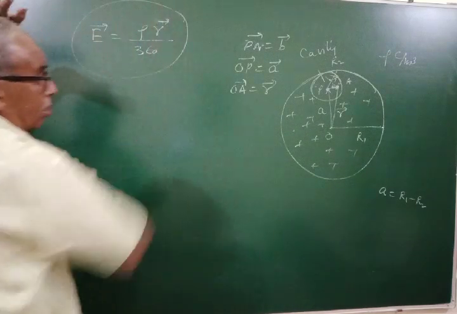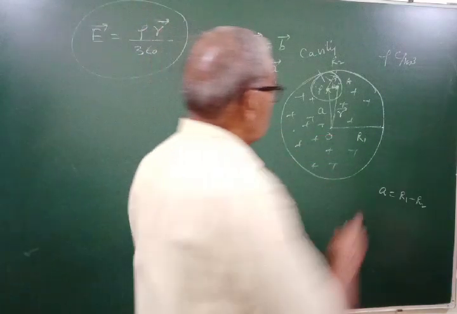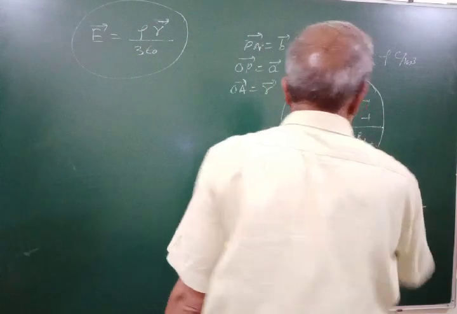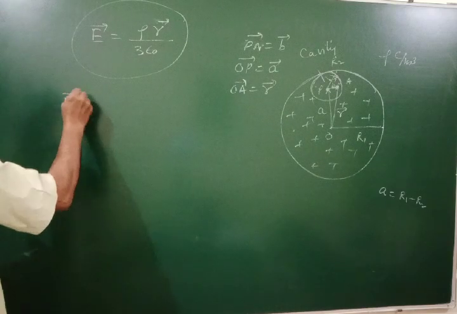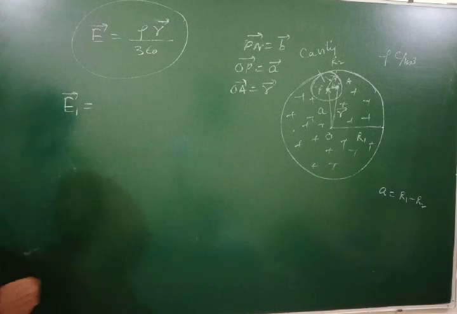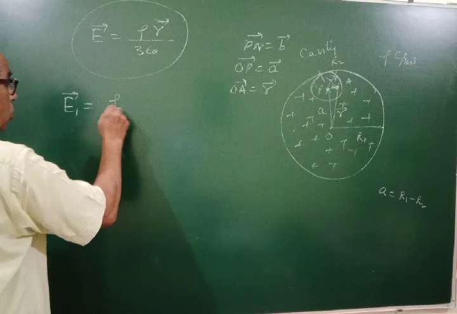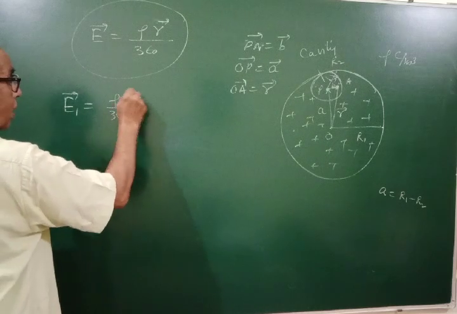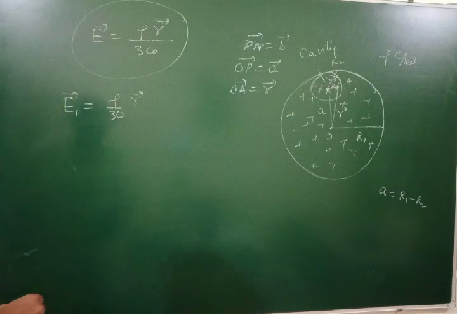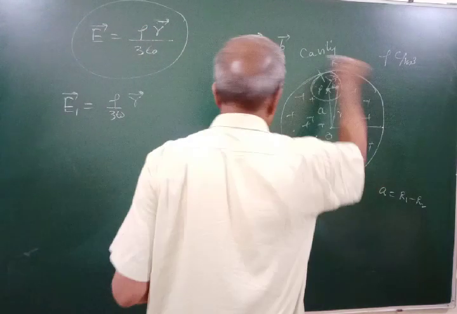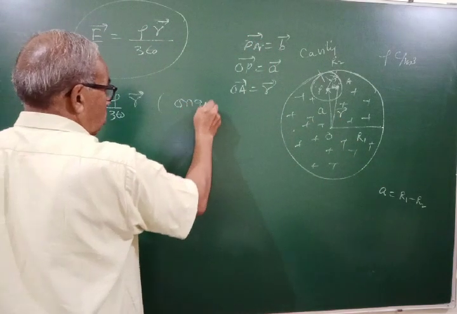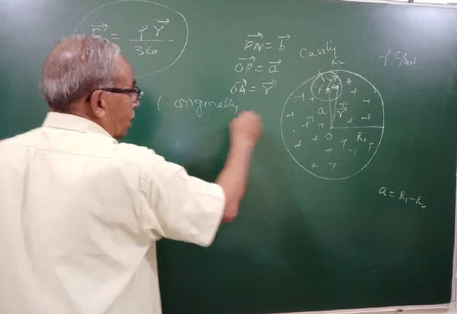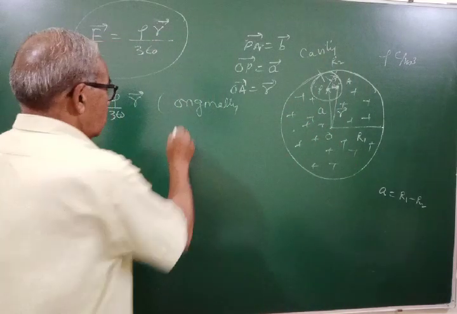The field due to the original distribution at P, let it be E1, is equal to rho upon 3 epsilon 0 R, due to the whole sphere, originally, when there was no cavity.